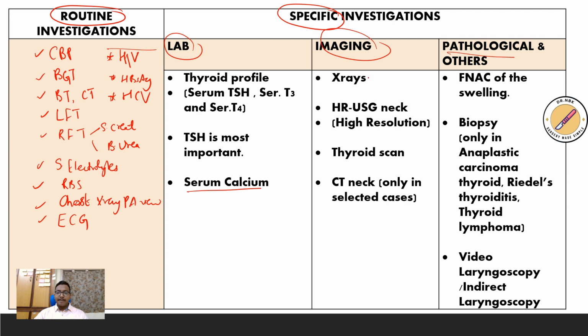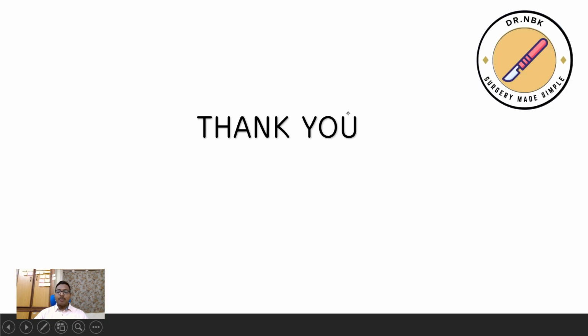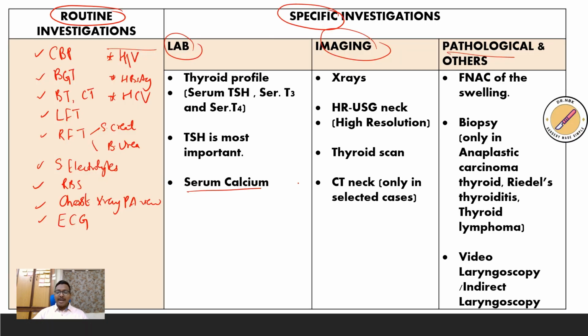What are the important specific X-rays we will require for that particular case? Then ultrasound. Please understand, ultrasound is the basic investigation we will require. In fact, ultrasound is described as an extension of our clinical examination. Next is thyroid scan, nothing but radioactive iodine uptake scan. Then CT and MRI are required only in certain cases, not in all. We will see the details in the thyroid case discussion.